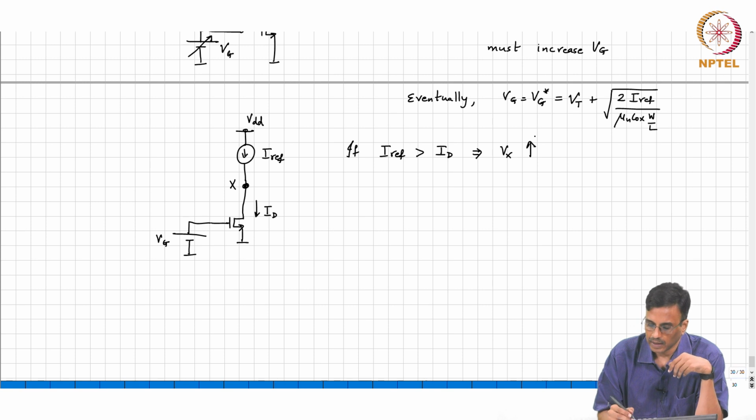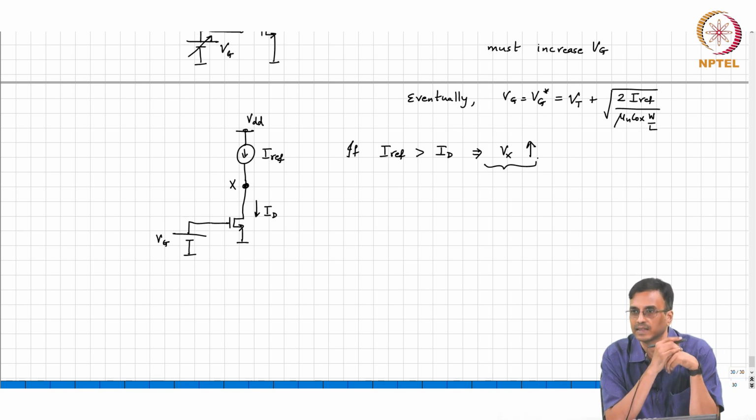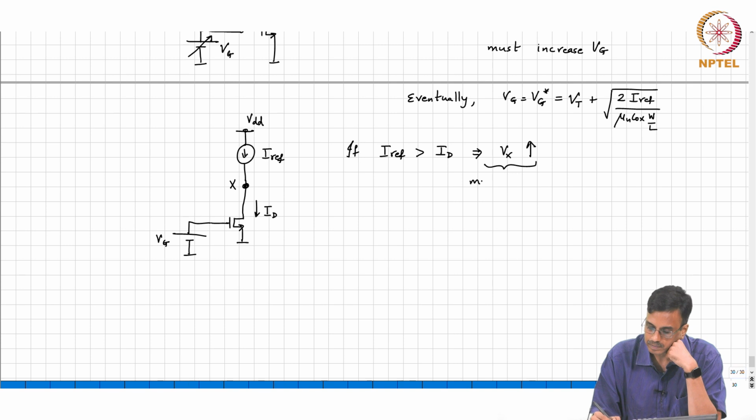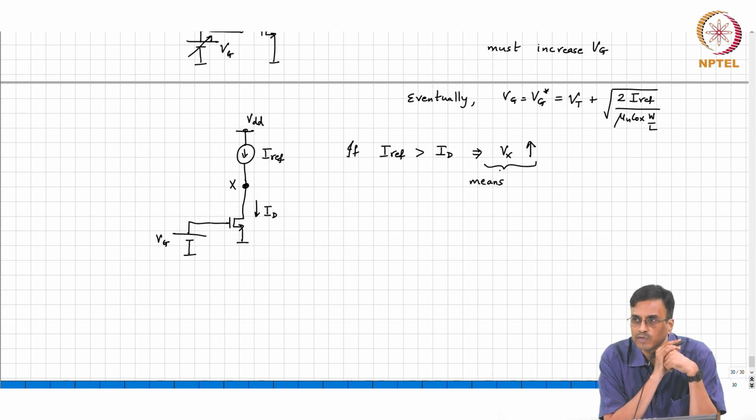Correct? On the other hand, what does this mean? If Vx is going up, it means that IREF is greater than ID, which in turn means that what comment can we make about Vg? What we should do is another matter. What does it mean first?